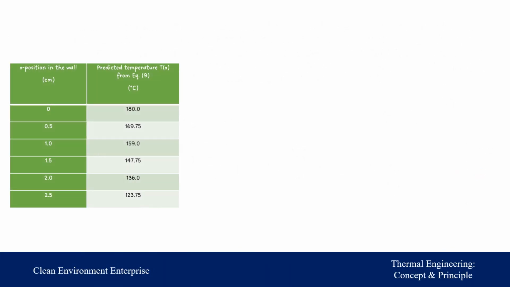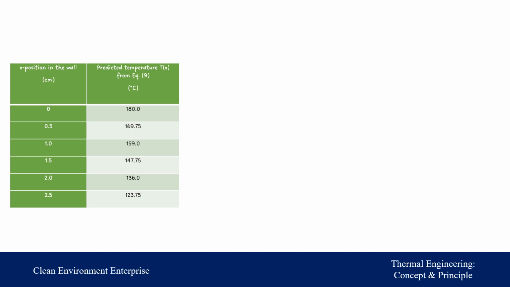If we use other values for the thickness, 0.5 centimeter, 1.0 centimeter, 1.5, 2.0 centimeter, and then at the surface exposed to convection, 2.5 centimeter, and substitute these values in the general form of equation 9, then we will get a temperature distribution.